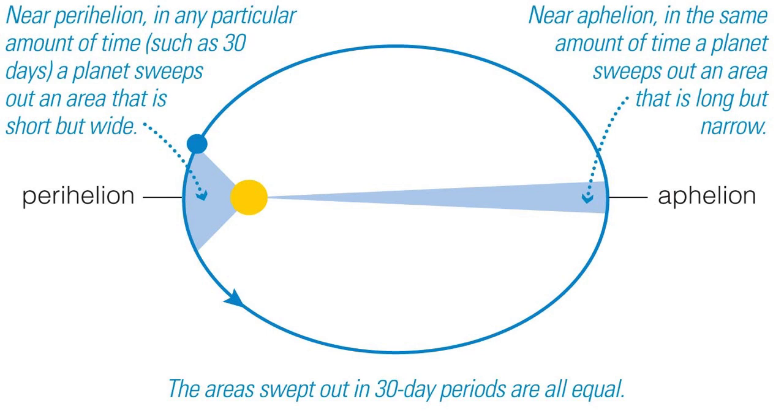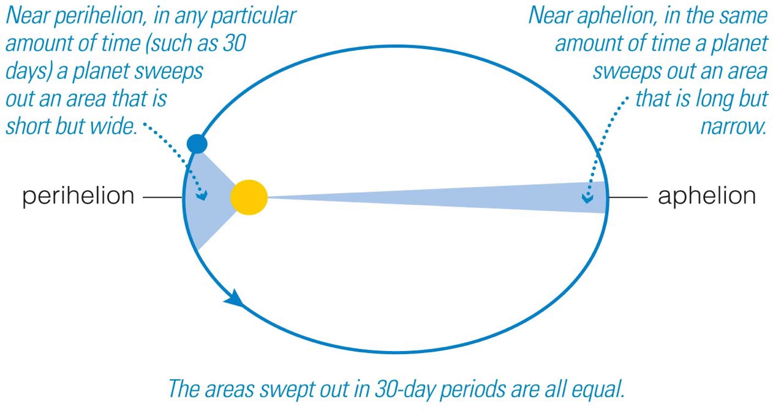But over here, in the same amount of time, say 30 days or 2 hours or whatever you want to call it, this slice of the pie is way different. It's much sliverier. It's only a couple degrees at aphelion, and it only subtends a small portion of the orbit, but it's really long. So it's the same area.